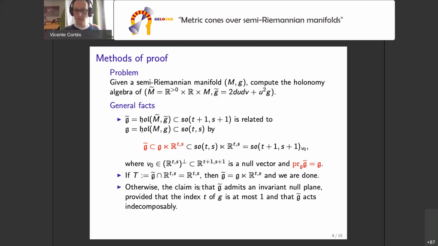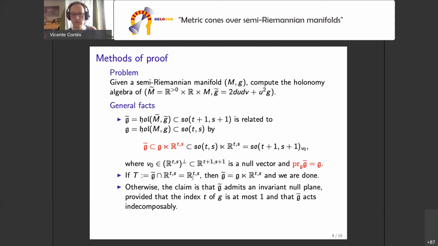And then we distinguish different cases. We consider the translational ideal, which is the intersection of the algebra G tilde with the translations. A priori, it's not clear what this intersection is, so there are different possible cases.